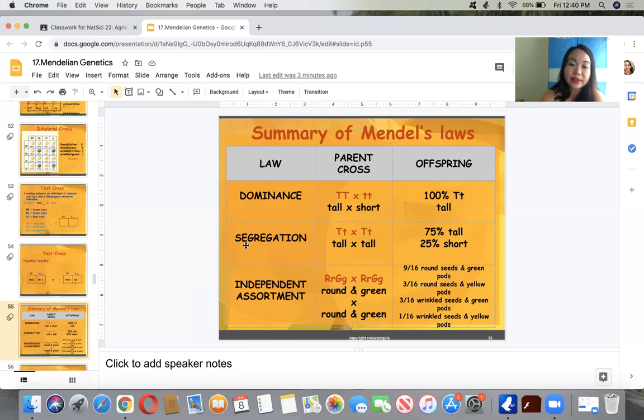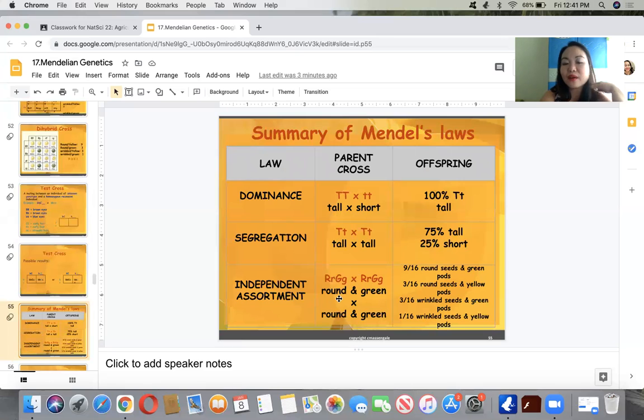So in the law of segregation, this one is homozygous, so all of them are tall. 100% tall. And for heterozygous tall, for the law of segregation, there will be 75% tall and 25% short. And you can test that one in the Punnett square.